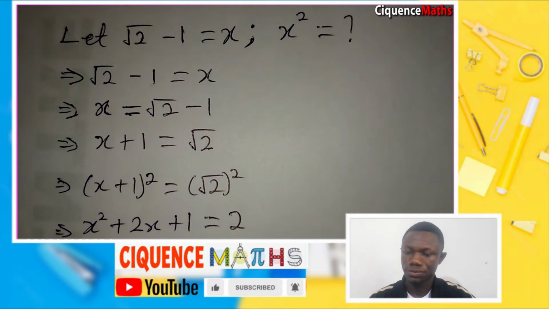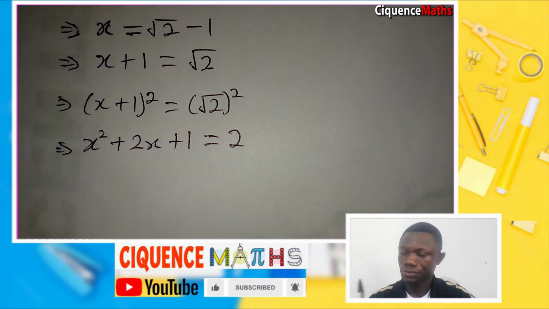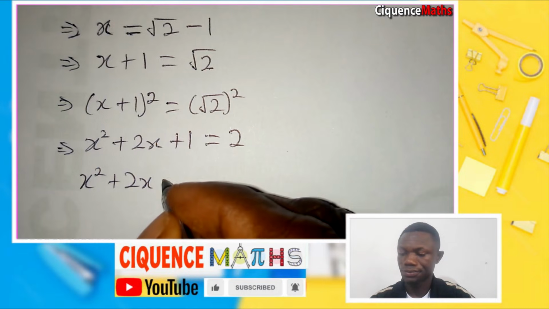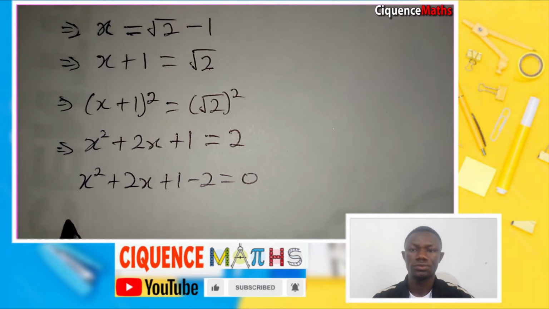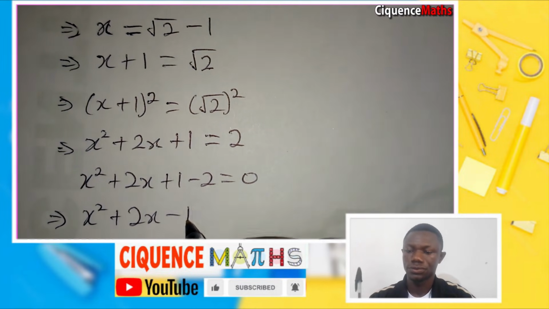So x square plus 2x plus 1 minus 2 equal to 0, which is x square plus 2x minus 1 equal to 0.